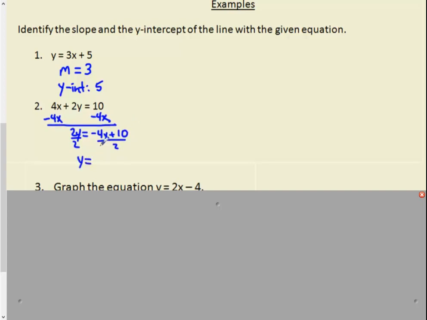So we get y equals negative 4x divided by 2 is negative 2x, and then 10 divided by 2 is 5. So now that the equation is in slope-intercept form, we can readily identify the slope as negative 2 and the y-intercept as 5.